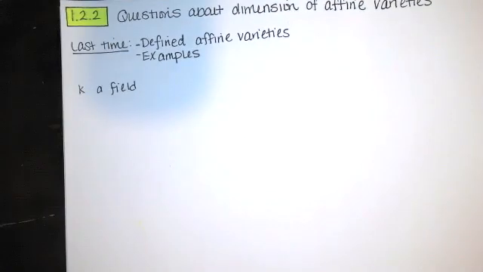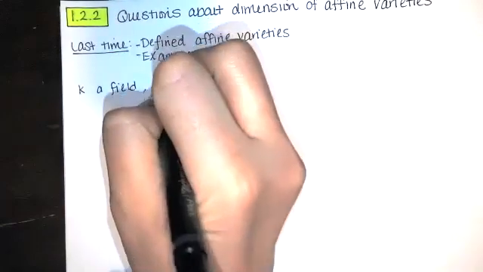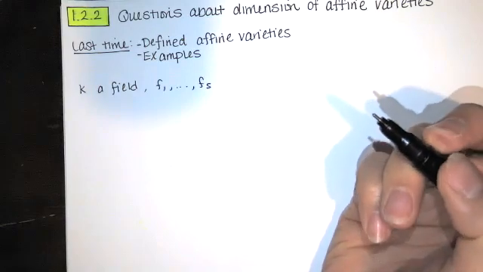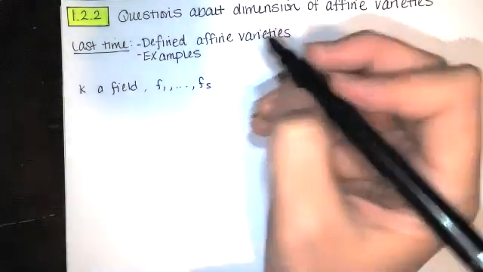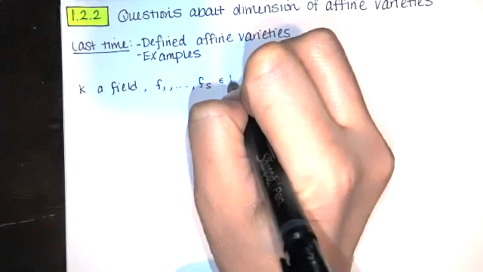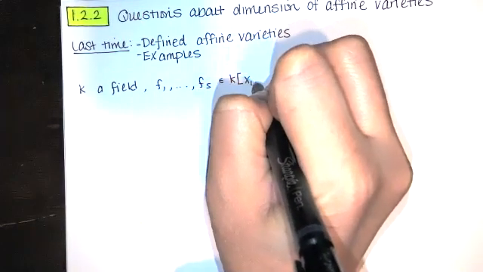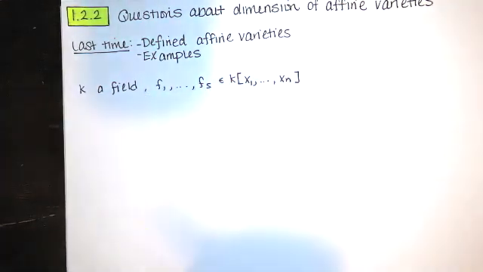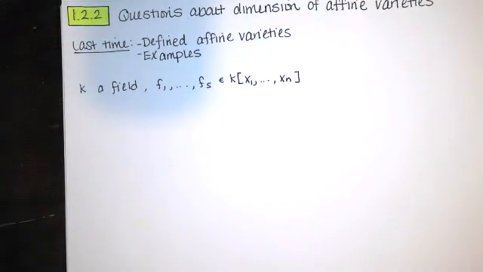So we've got this field K, and we are also thinking about s polynomials, f sub 1 through f sub s, in this polynomial ring. So these are polynomials in n variables, x sub 1 through x sub n. The coefficients lie in that field K that we just talked about.